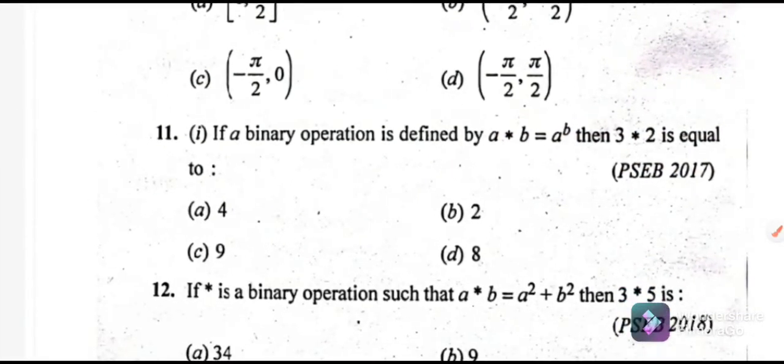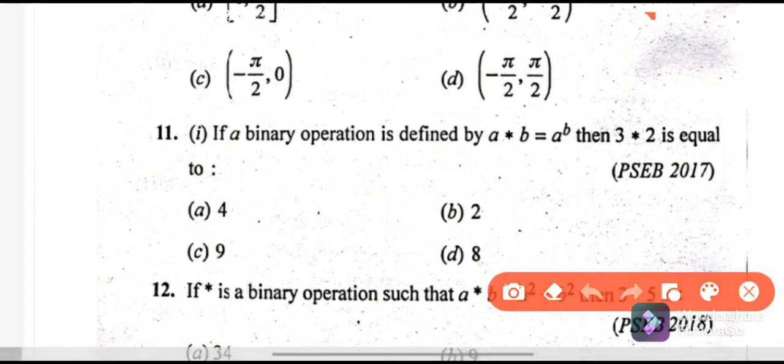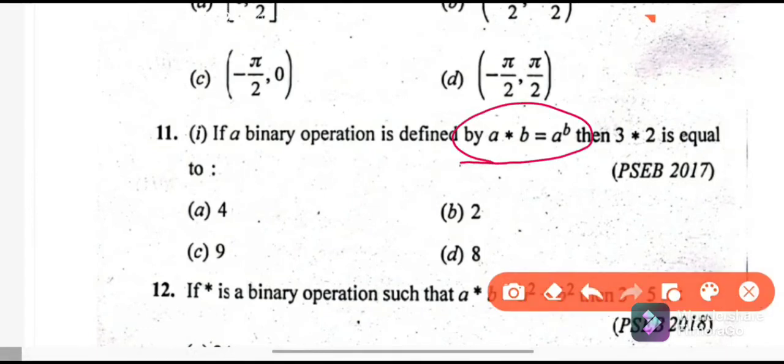Next, if a binary operation is defined by a star b is equal to a raised to the power b, then 3 star 2 is equal to, now replace a by 3 and b by 2, 3 raised to the power 2, that is 9.